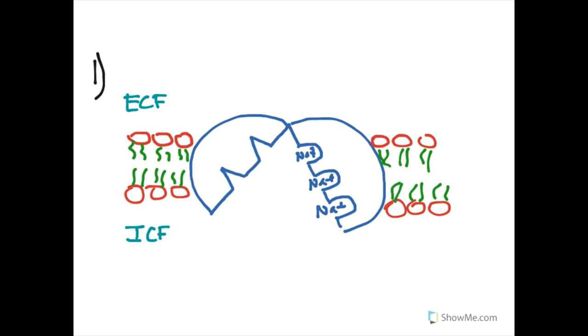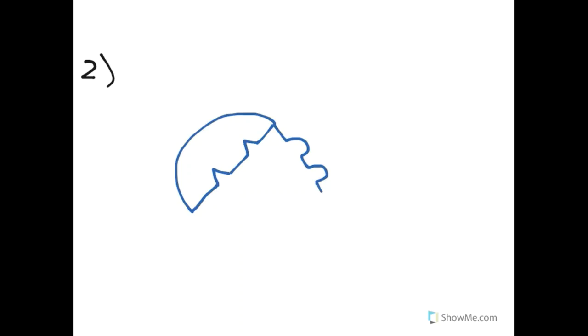So the first conformation here, our second step of the pump, step number 2 that we want to look at, the pump is still going to be in its same shape from before. So we want to draw it in the same basic structure. And again, with its 3 sodium binding sites.